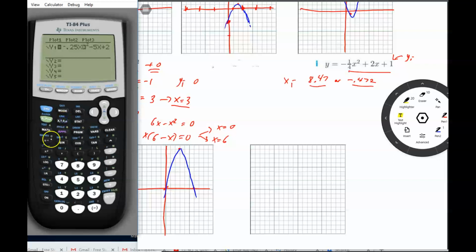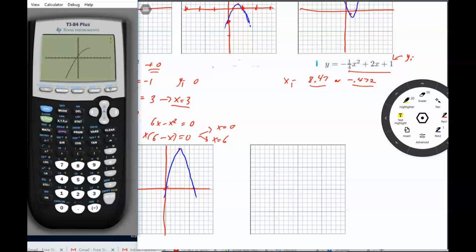X squared, oops, that's not x squared, it's x to the -1. Let's delete that. So x squared, oh, it already says x squared, fine. X squared plus 2x plus 1. Okay. Looks good. Now I'm going to graph it so that I can find the vertex.